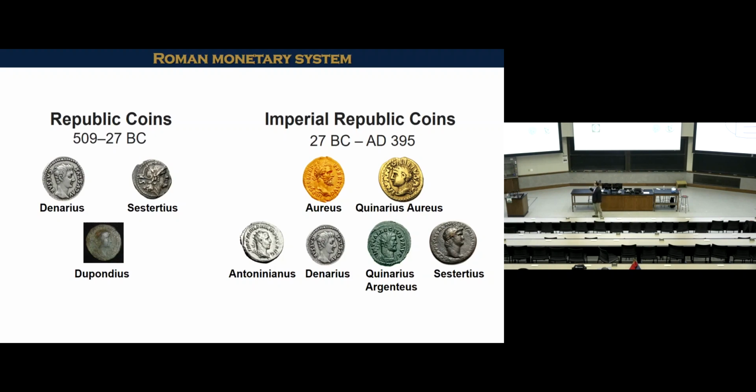But after establishing the empire, after Augustus, they started to mint also gold coins, the aureus, which is gold in Latin. But for a long time, the denarius stayed as one of the main types of money, because it was not very expensive. It was also not very cheap, so it stayed a very nice middle ground, and even more so for everyday transactions.